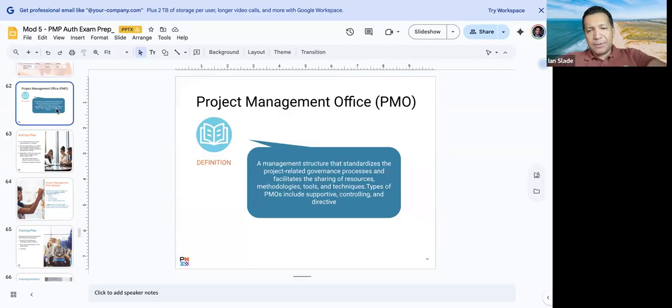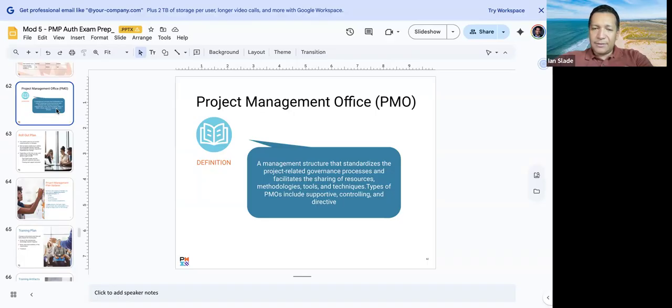PMO, Project Management Office, this is the structure in the organization that helps standardize the governance processes, helps standardize methodologies, standardize tools, and they support the projects that are underneath that PMO.